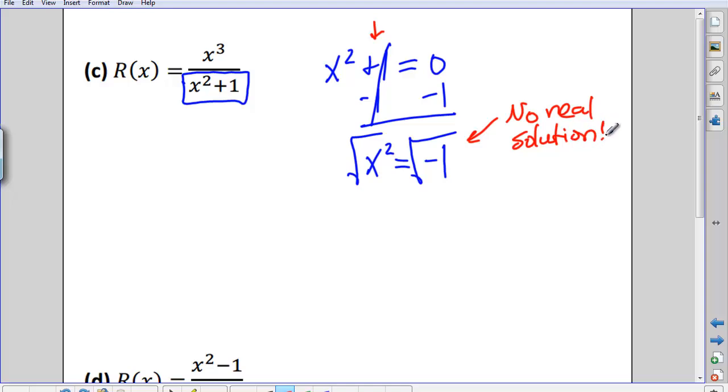And so what does that mean? If there's no real solution there, then there's no x values that cause this denominator to be 0. Think about it. If you square any number and add 1 to it, you're never going to get a 0. So the domain here is all real numbers. We could say from negative to positive infinity would be the domain there.